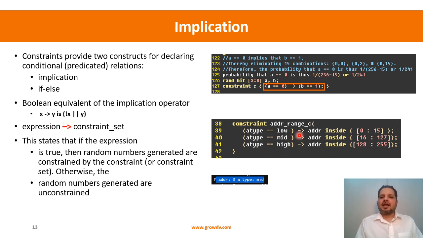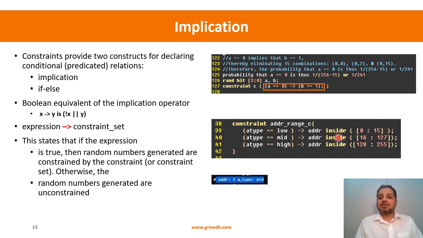Let's take this example that we have seen in the previous case as well. We defined one more variable, and then depending on the value of that variable we provided these implications, right? In this case also, we had defined the A type to take the values low, mid and high, and let's say I comment out the constraints on lines 40 and 41, that is mid and high, and I have only this particular implication operator: A type equal to low implies address must be between 0 to 15.